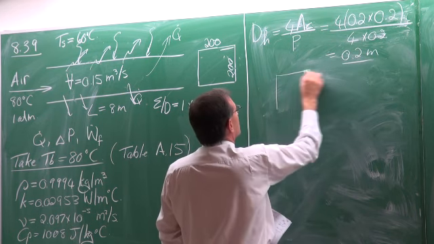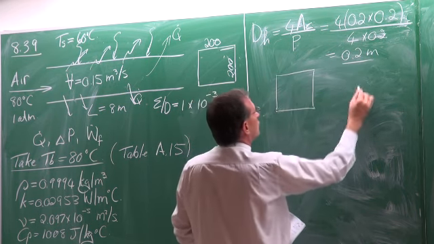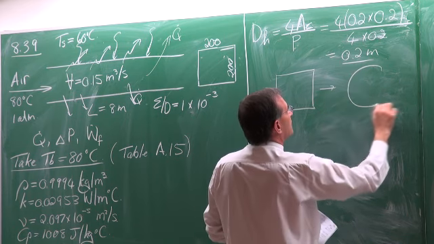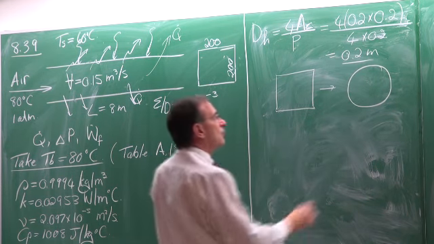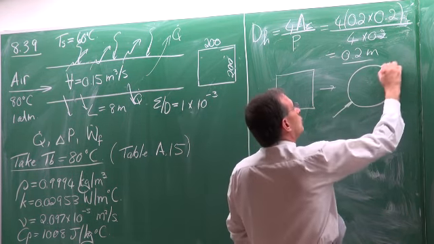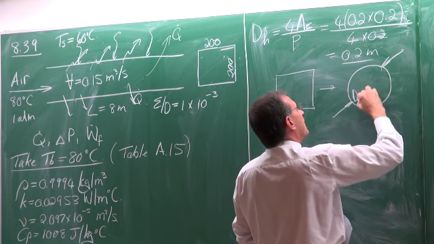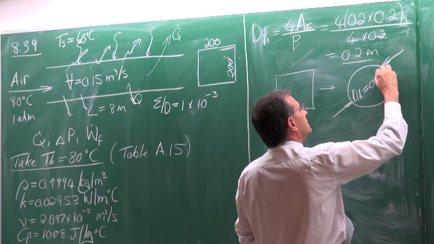So this square duct of 0.2 by 0.2 will have the same characteristics as that of a circular tube with a hydraulic diameter of 0.2 meters.